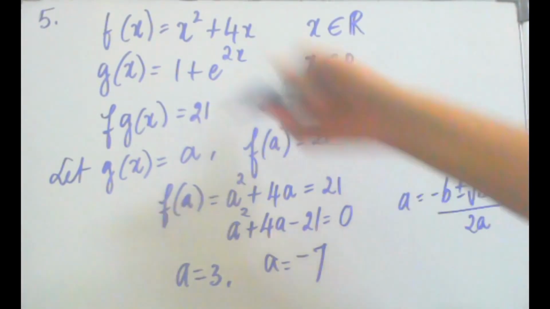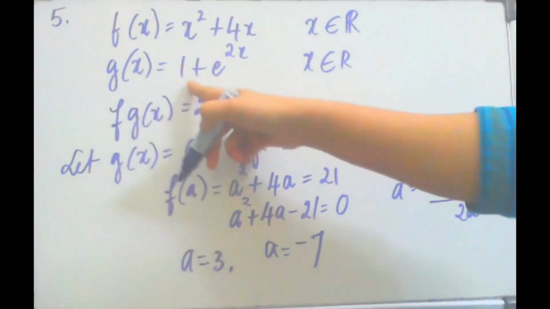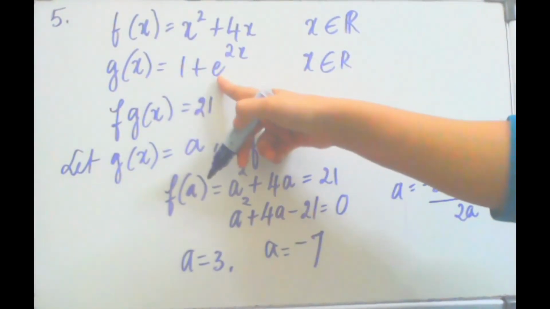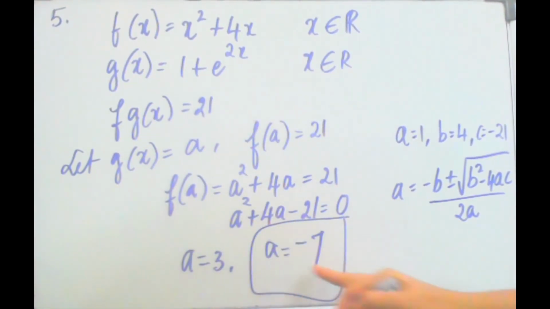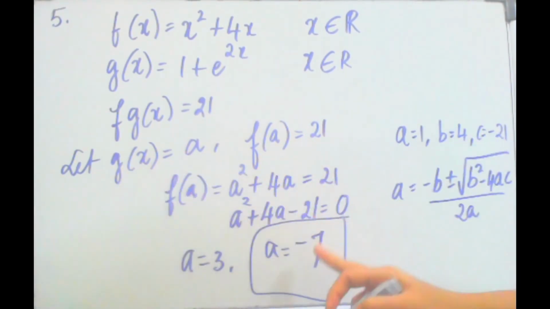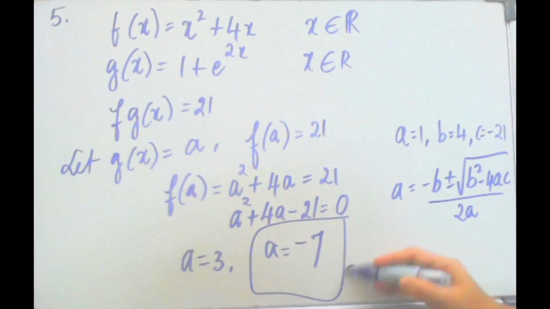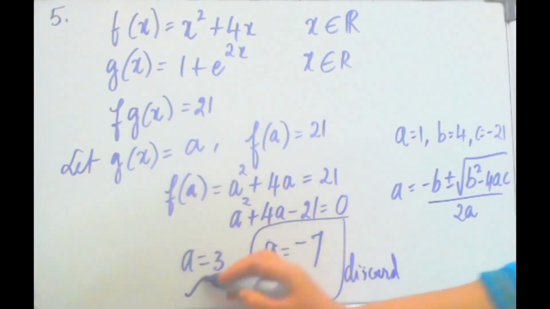From part B, we saw that g of x is always greater than or equal to 1. So a value of negative 7 for a, which is nothing but the g of x value, cannot be minus 7. Hence we discard this value and accept a equal to 3.